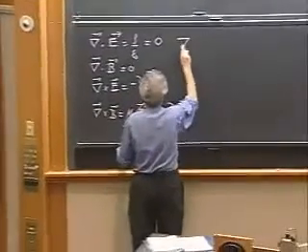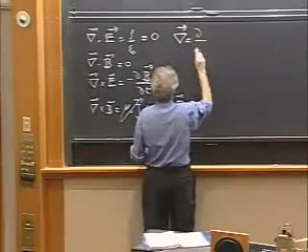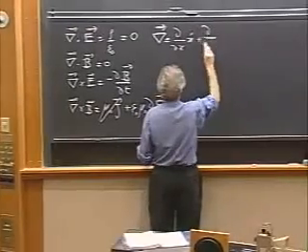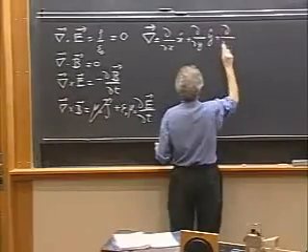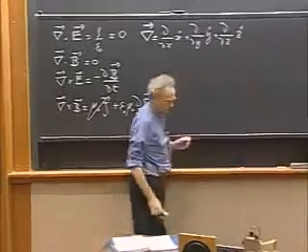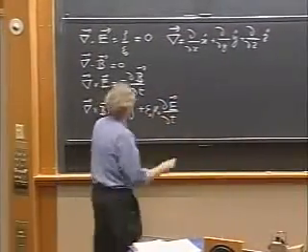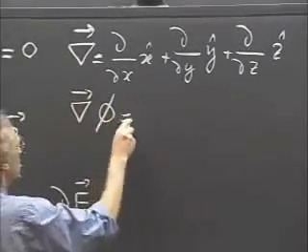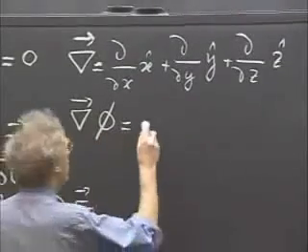The del vector is an operator d dx, x roof, plus d dy, y roof, plus d dz, z roof. If you apply the del vector on a function, phi, this is called the gradient of phi. That's a vector.